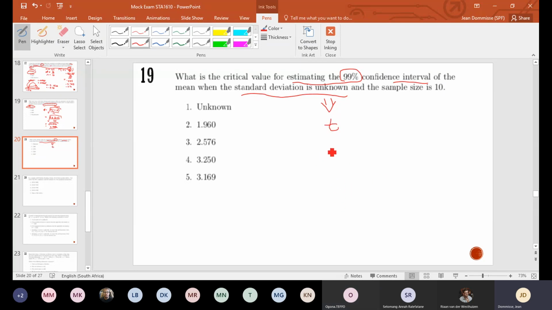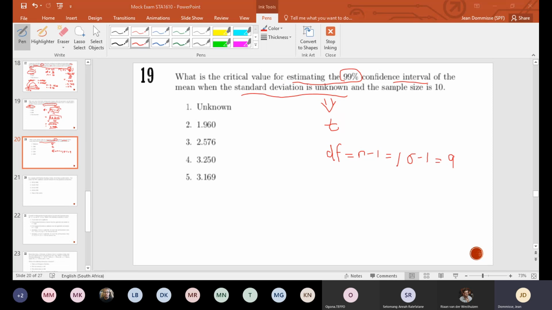Okay, so we need to go where the t is. The degrees of freedom is n minus 1. So it is 10 minus 1, which is equal to 9. And we will work with 99.